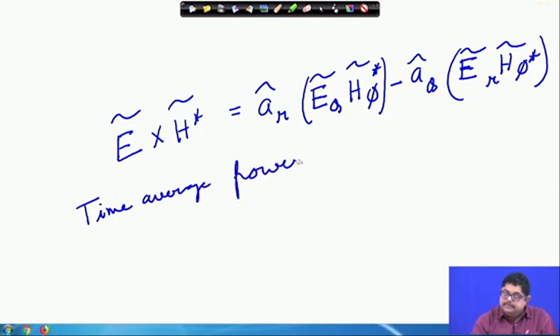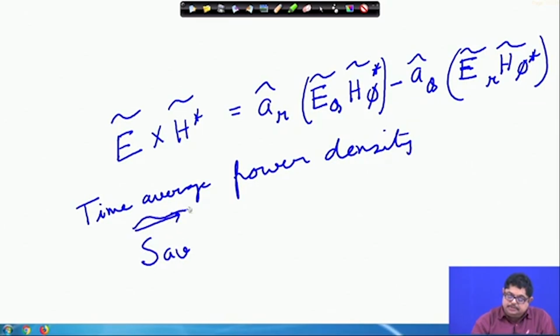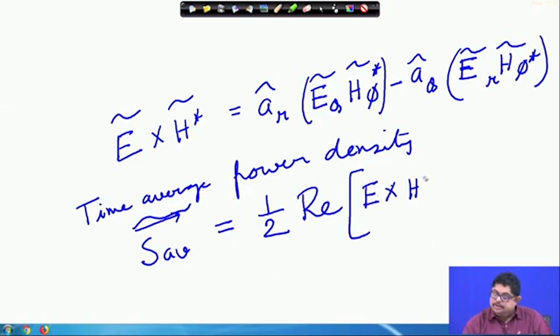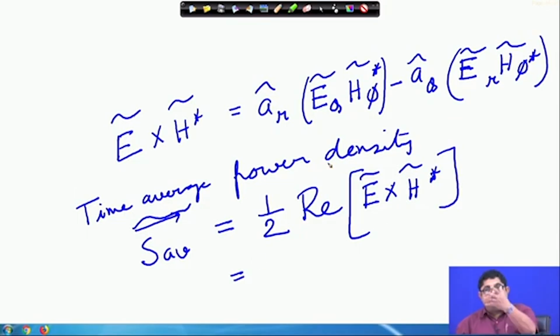power density is given by S phasor, S_av, that is half real of E cross H star. So, that will not give any time average power flow, that is only local power there.